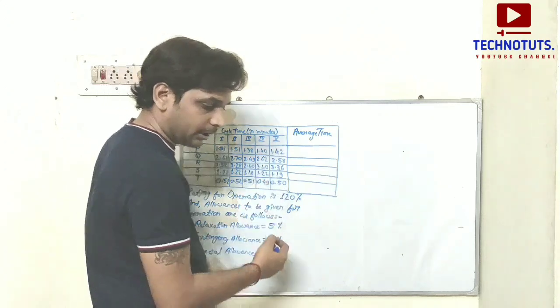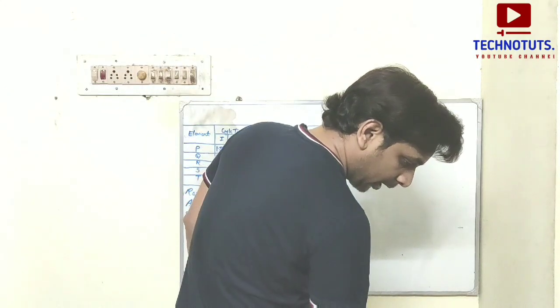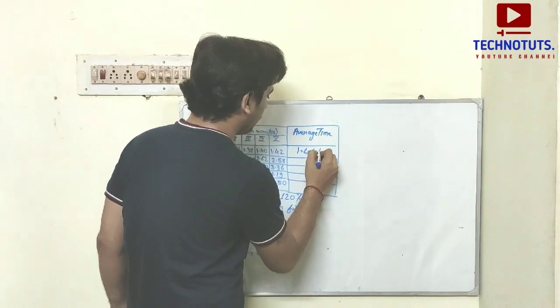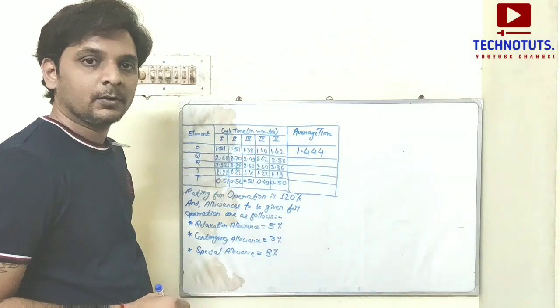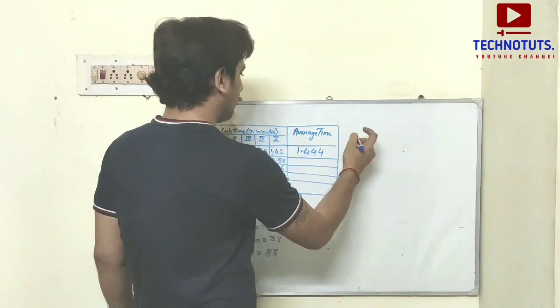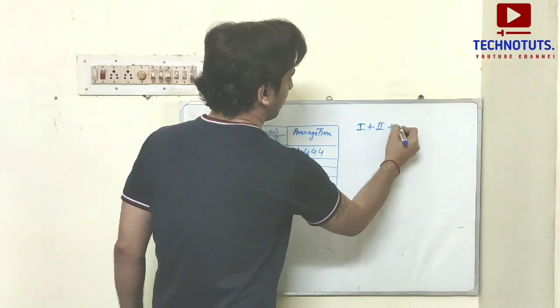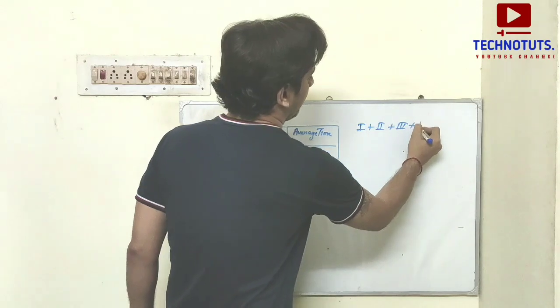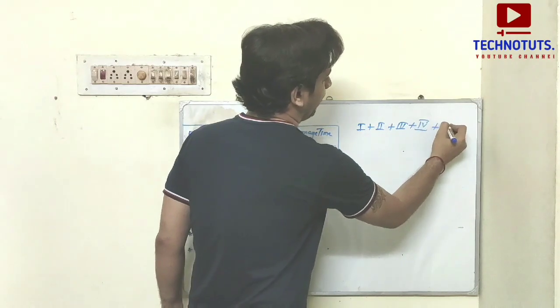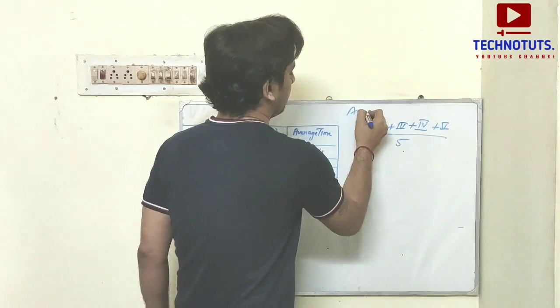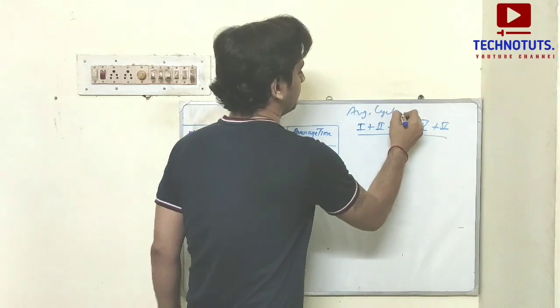I have already calculated it. The average cycle time is 1.444. How is it calculated? It is the cycle time of first plus second plus third plus fourth plus fifth, divided by 5.